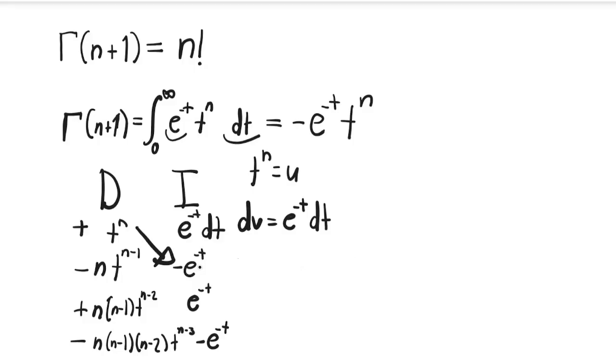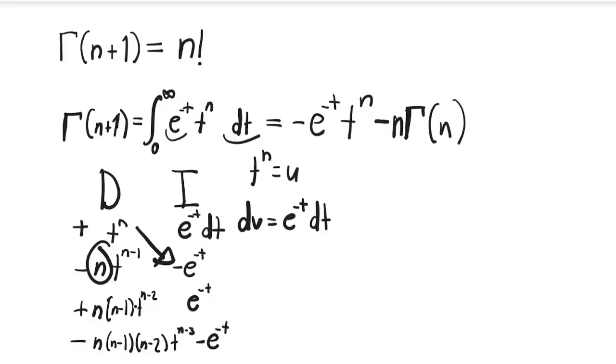So this will be minus, oopsie, I forgot, minus n times gamma of n, because these two account for the fact that it is gamma, but this is just a constant that we can take out of the integral.